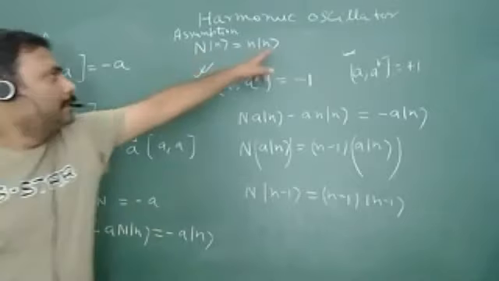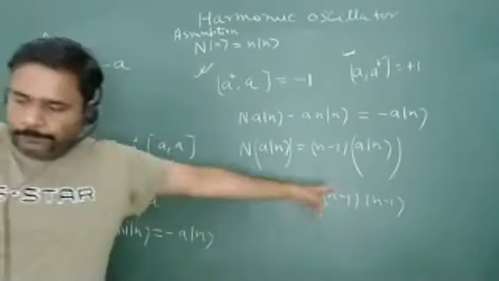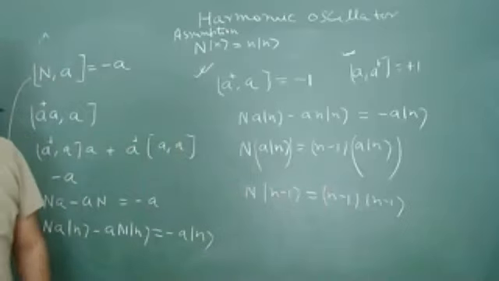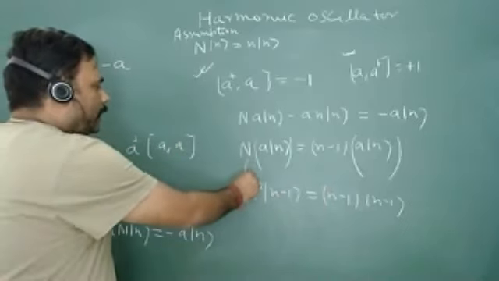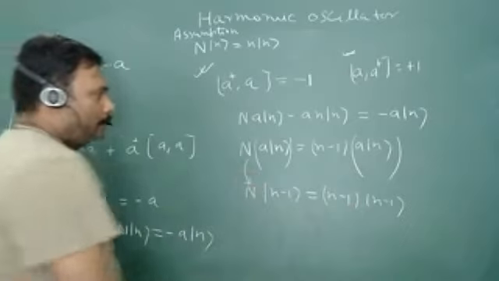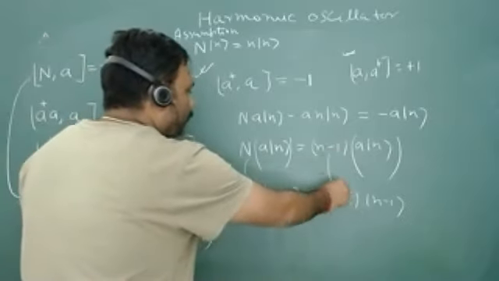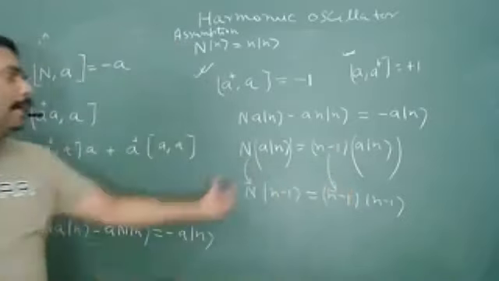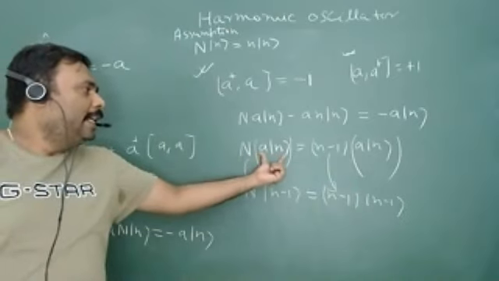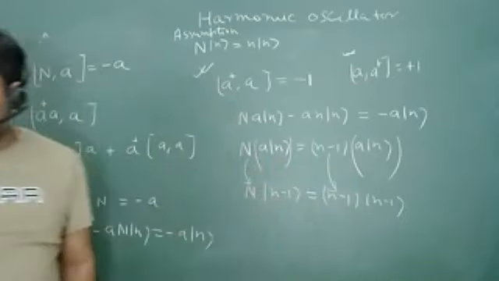If I can write this, I can write this also. So I can compare n to n, I can compare n minus 1 to n minus 1. So at least I can say A n ket is proportional to n minus 1.